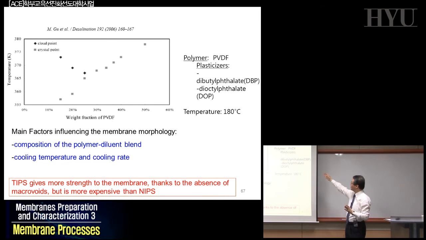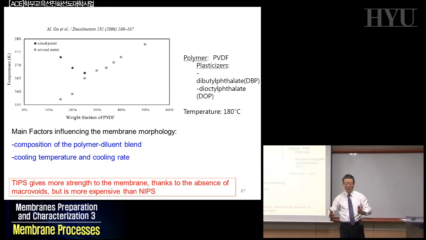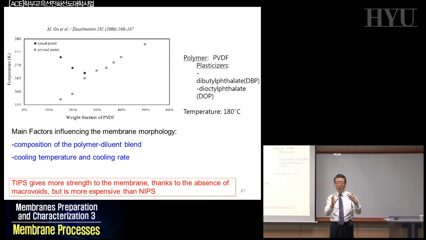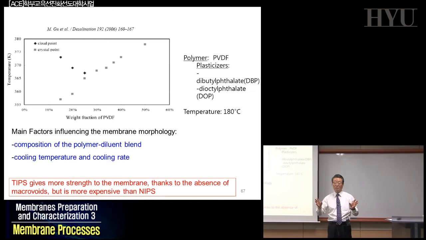If you add this plasticizer, what happens is that the octyl group or butyl group in your phthalate will disturb the interaction between the chlorine and chlorine, so that this alkyl group is inserted between the chlorines, and it blocks the interaction between the chlorines, so that your dipole-dipole interaction will be much more reduced.